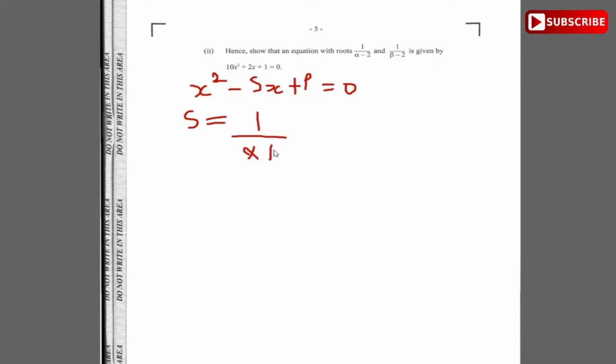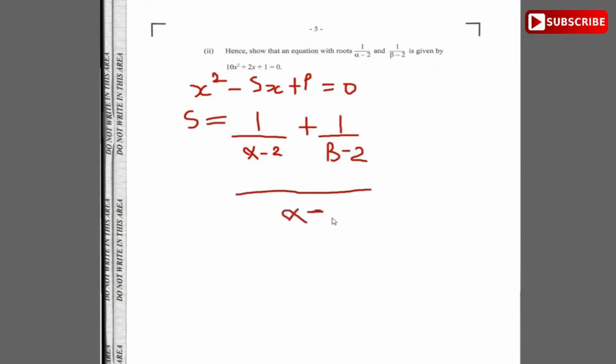So 1 over alpha minus 2 plus 1 over beta minus 2. In order to add them, we're going to have to use the LCM. The LCM is alpha minus 2 times beta minus 2.